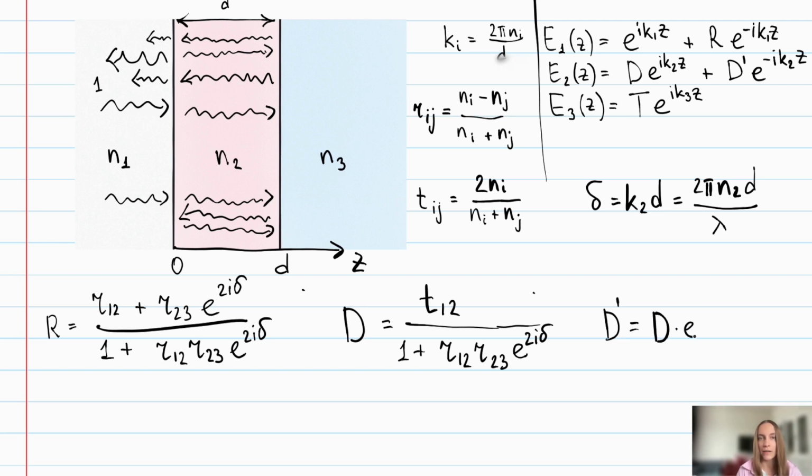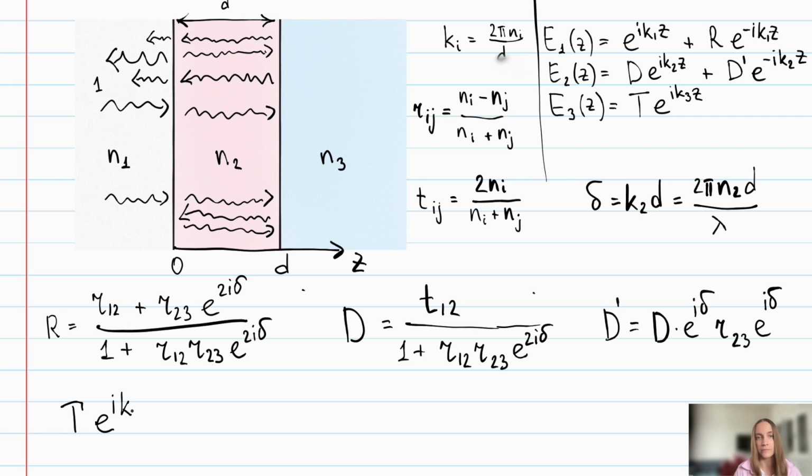Then D' equals D multiplied by e to the power i delta, multiplied by R23 and again by e to the power i delta.